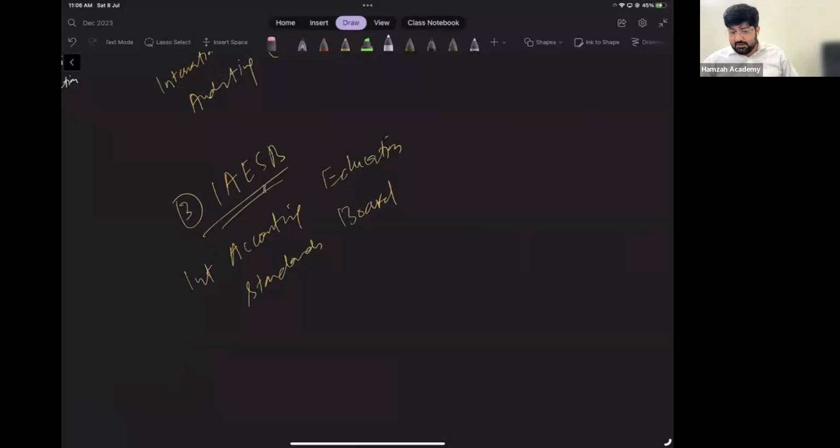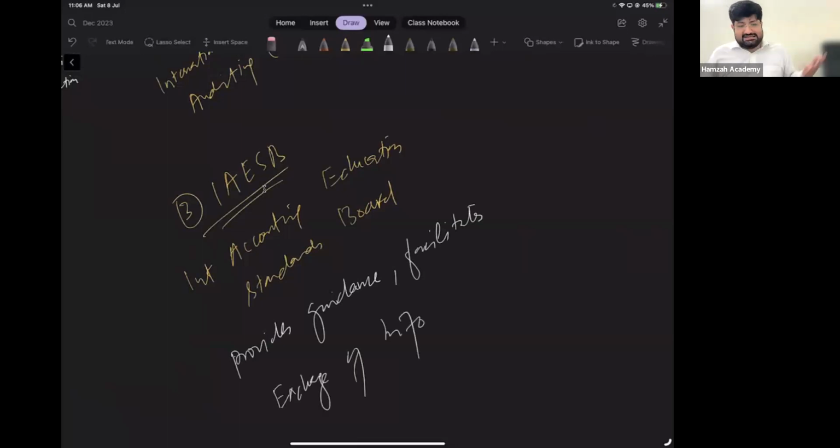It provides guidance and facilitates exchange of information across the world. For what purpose?